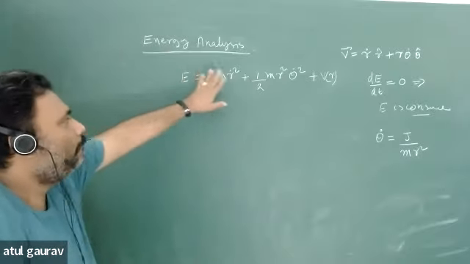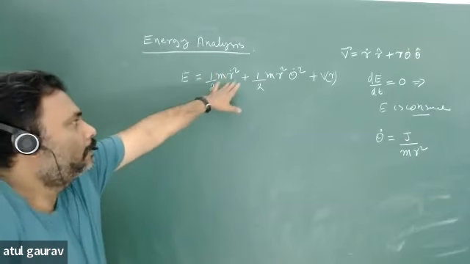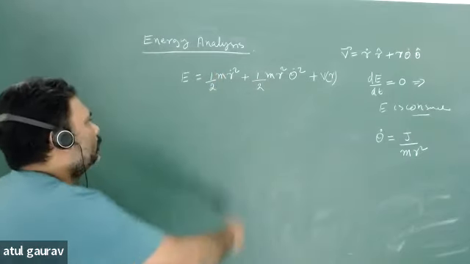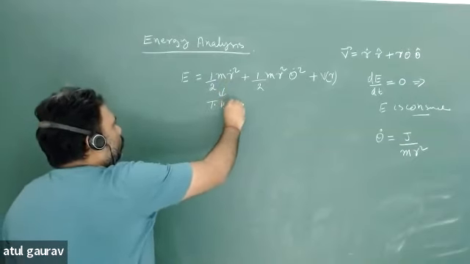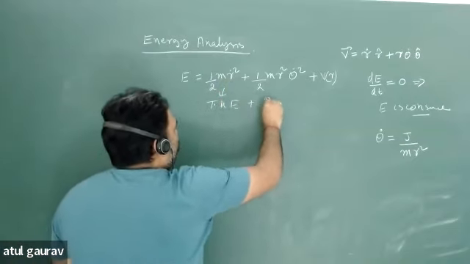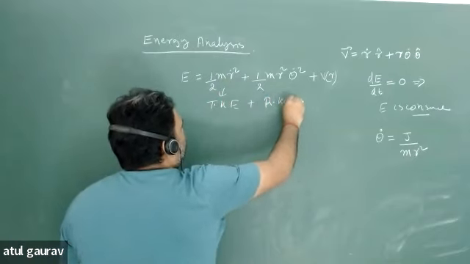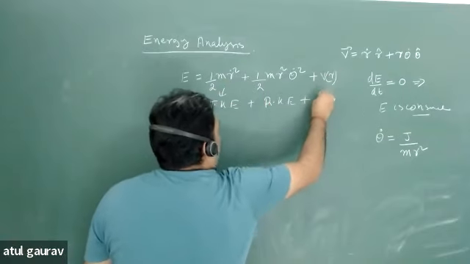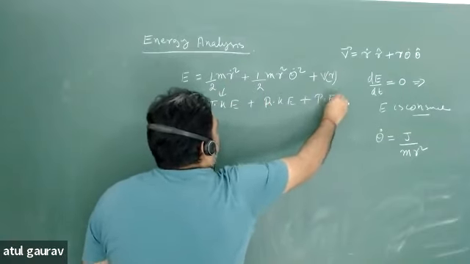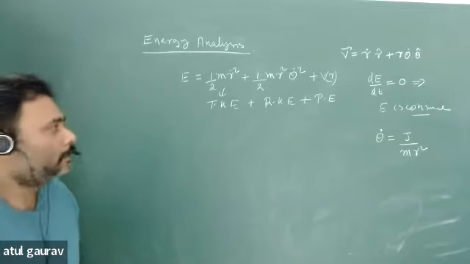Now look here. We have translation kinetic energy, we have rotational kinetic energy, plus this is our potential energy, PE.